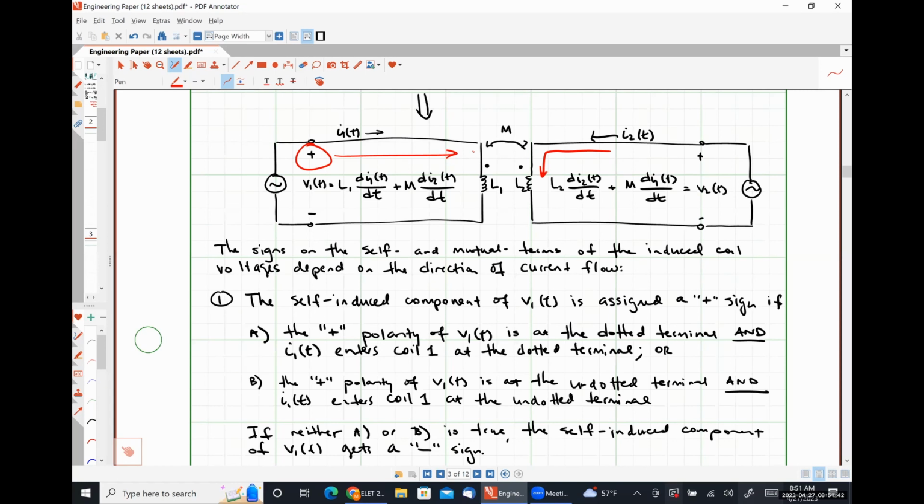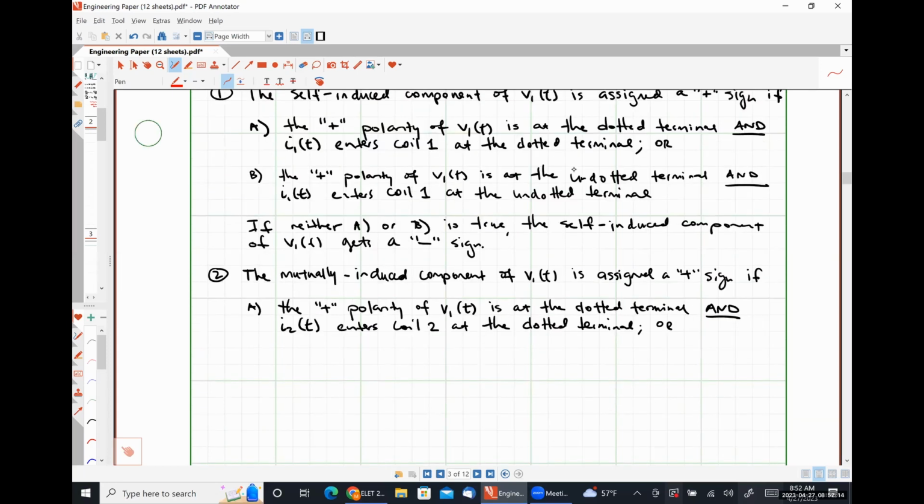So because it's a mutual term, we have to be looking at information on both coils, okay? So if the positive polarity is associated with the dot on coil 1 and I2 is flowing into the dot on coil 2, we have a positive sign here. We will get the exact same result for the exact opposite case, just like we saw before. Okay.